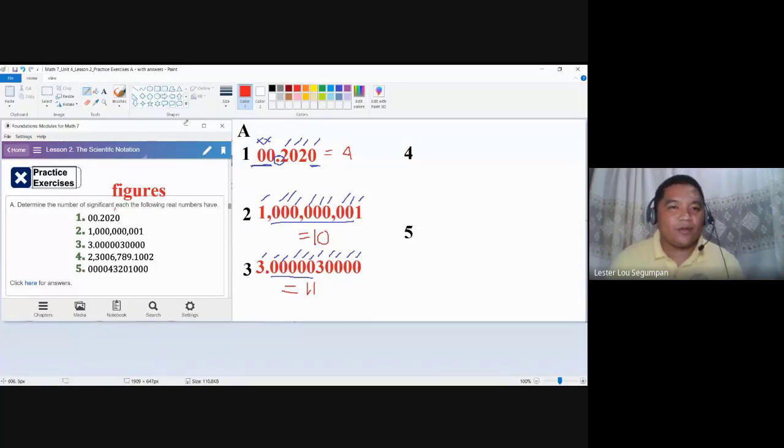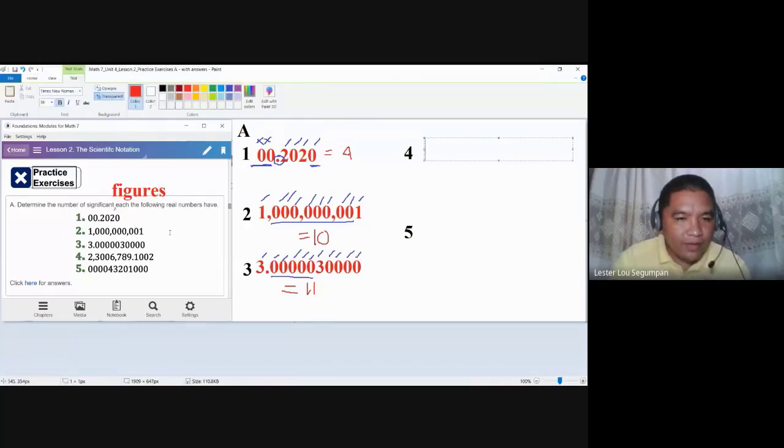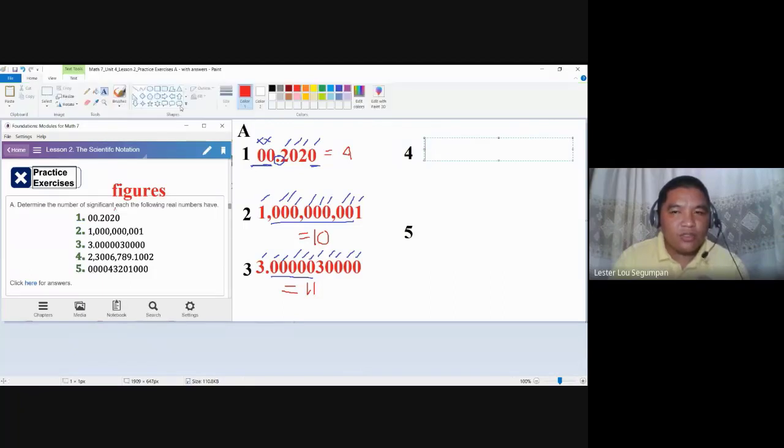Number 4, we have incorrect notations here. Pardon, the comma should be somewhere here. Let me erase this. Pardon for the mistake.